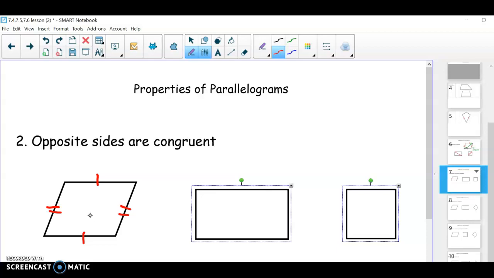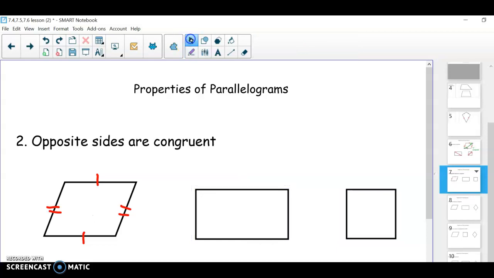How does that relate to our rectangles? Well, if I know that this side up here is 5x and this side down here is 20, then I would know that those two things are congruent. So I would write an algebra problem and say that 5x is equal to 20, and therefore x is equal to 4.